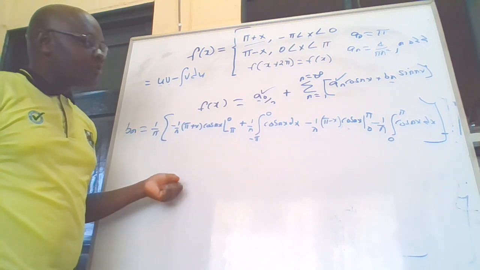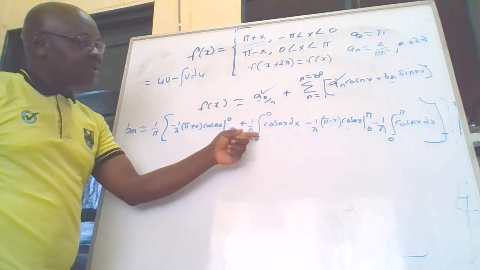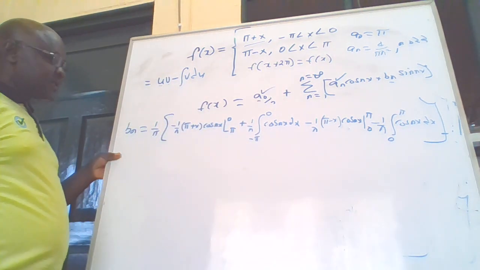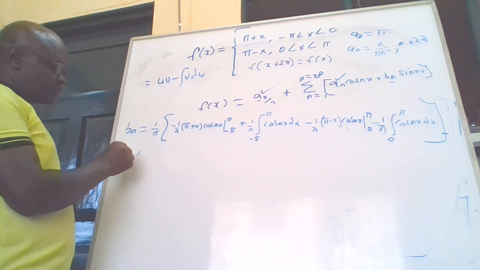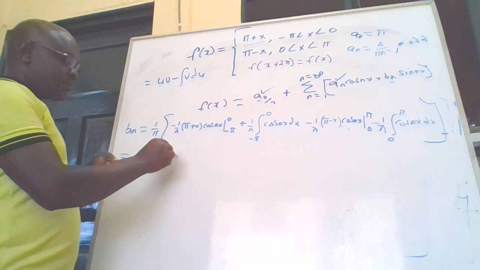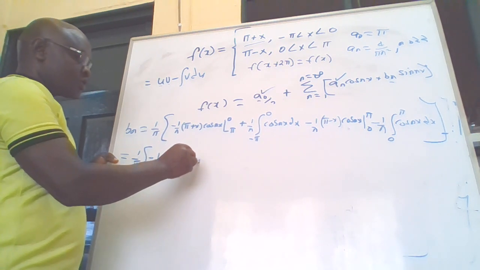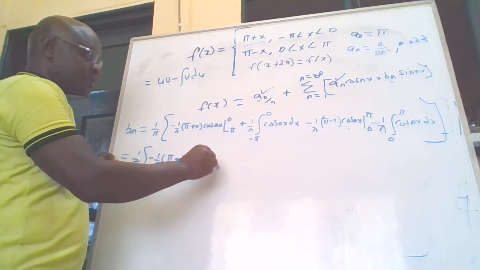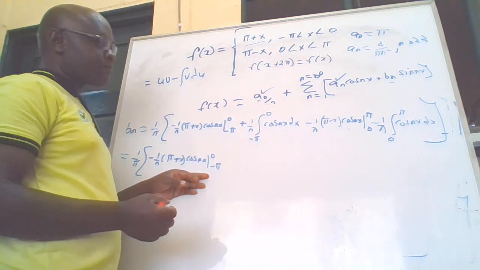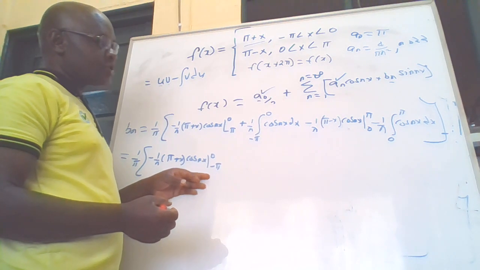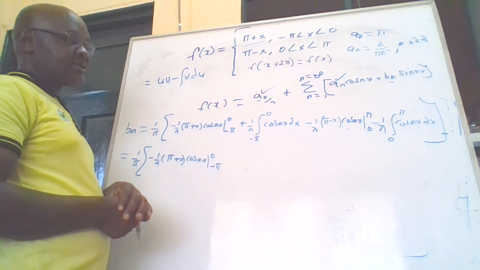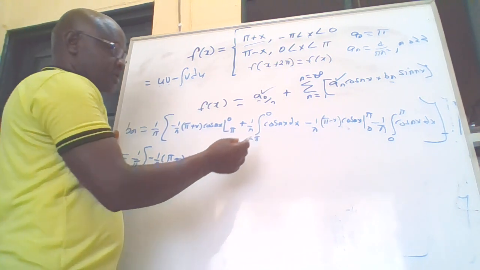Now we need to finish up with the integration. We are remaining with this part and that part before we start substituting in the limits. So we have 1 over pi into minus 1 over n, pi plus x, cos nx, then when you integrate cos nx, we shall be able to get sine nx all over n.